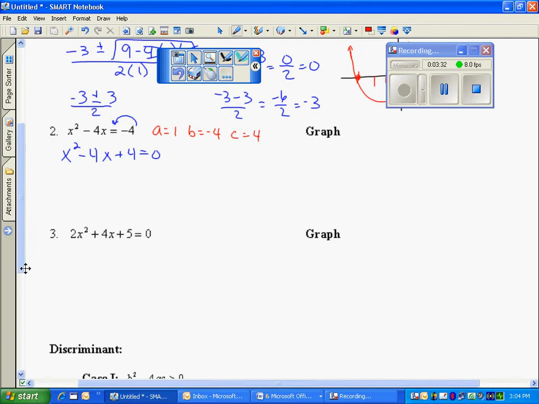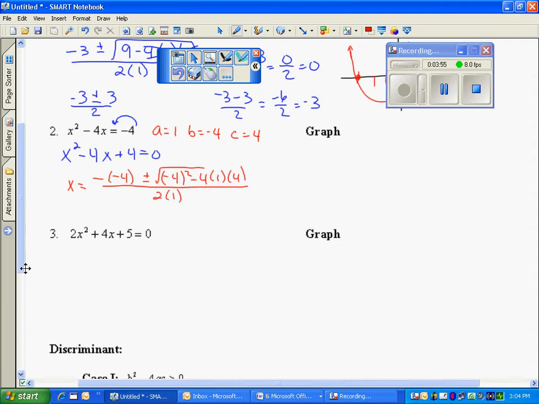So plugging it in, my solution for x is going to be negative b. Notice in this case it makes that b positive. So it's negative b plus or minus the square root of b squared, I'm going to put that in there, minus 4 times a times c, all over 2 times 1.